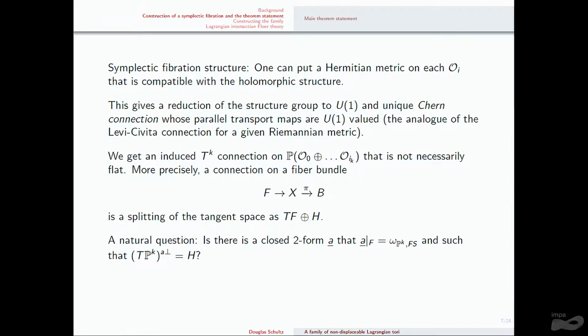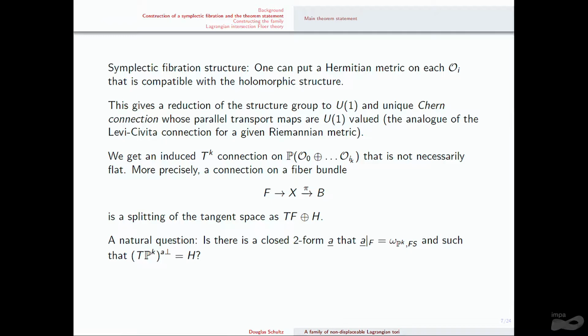Okay, so you have all this stuff. Can you find some symplectic structure on this total space that gives you this connection? To make that precise, you want a closed two-form A that, when you restrict to the fiber, is your favorite symplectic form up to Hamiltonian isotopy.